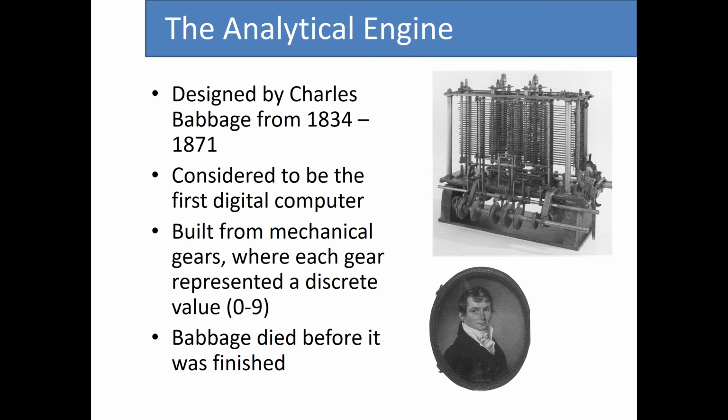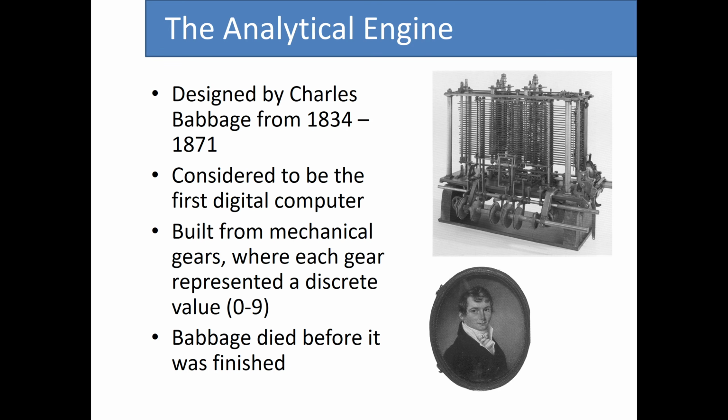One of the very first examples of a digital computer is the analytical engine. It was designed by Charles Babbage, and it is considered the first digital computer. This computer was built from mechanical gears, where each gear represented a discrete value between 0 and 9.